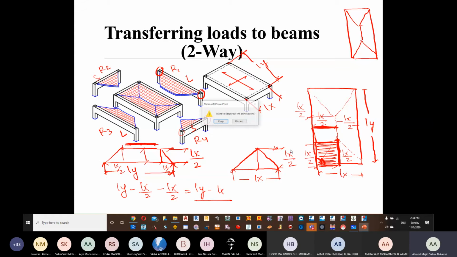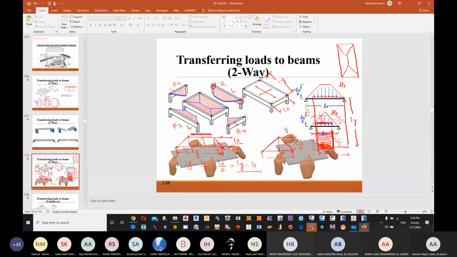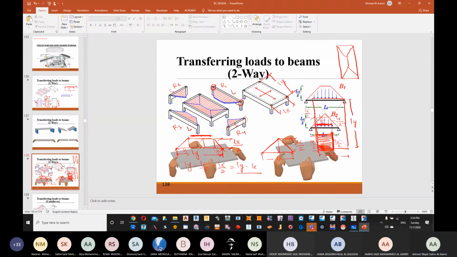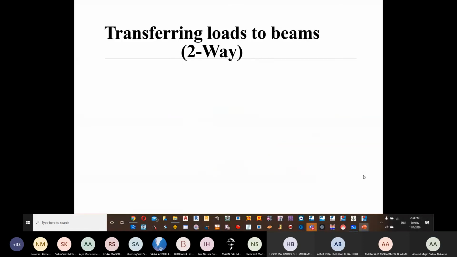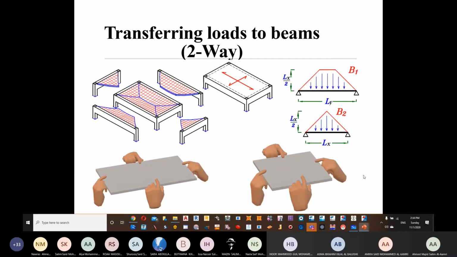Okay, now if we go and see, you will see that this is going to be Lx over 2 and this is going to be Lx over 2.